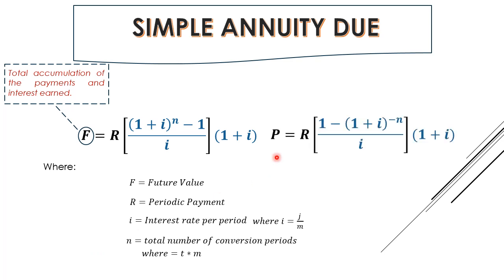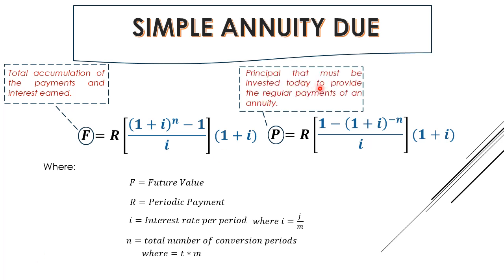For the present value, we have P equals R times (1 minus (1 plus I) to the power of negative N) over I, times (1 plus I), where P is the present value, the principal that must be invested today to provide the regular payments of an annuity.